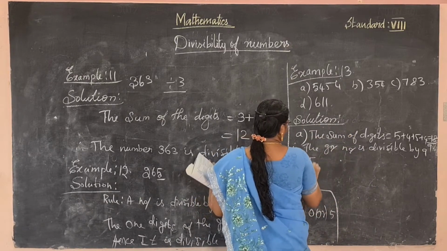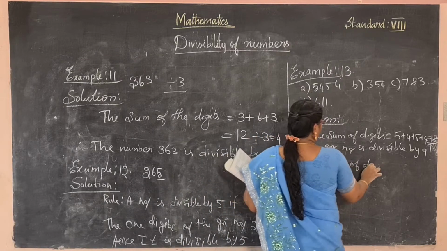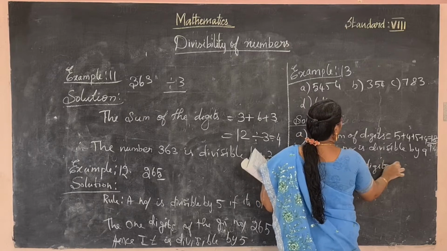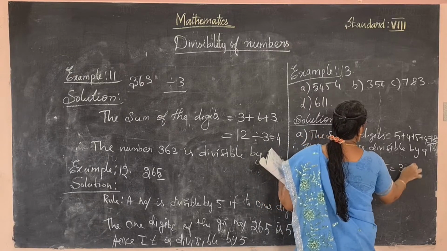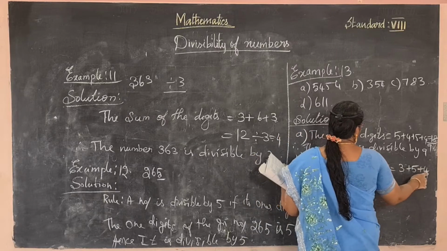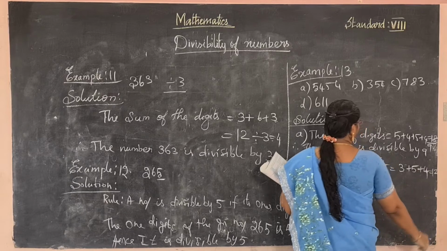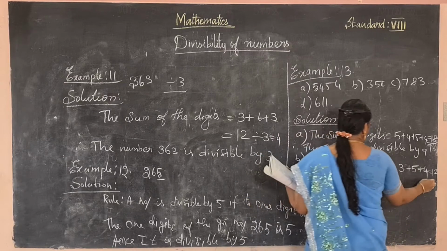And next B, 354. Okay, the sum of digits is equal to 3 plus 5 plus 4. Okay, so 8 plus 4, 12. 12 is not divisible by 9.